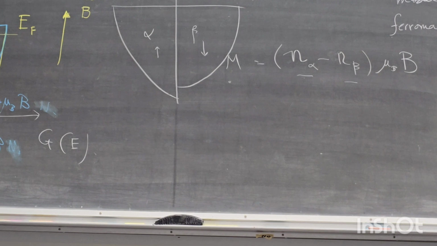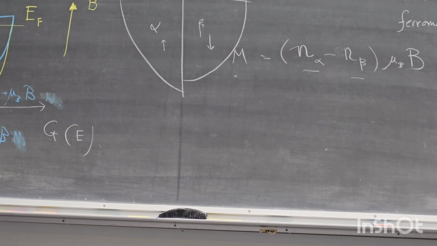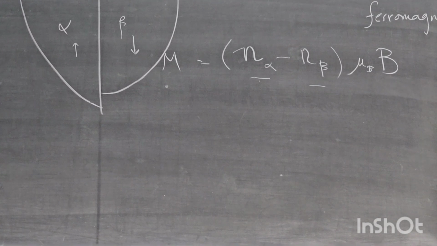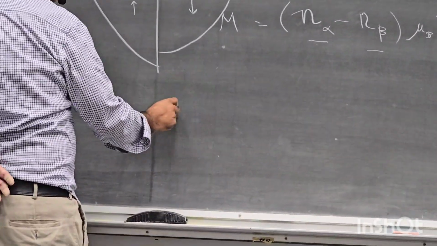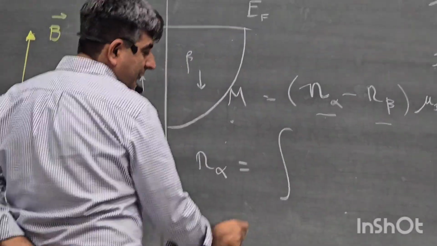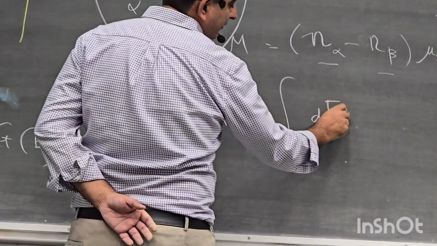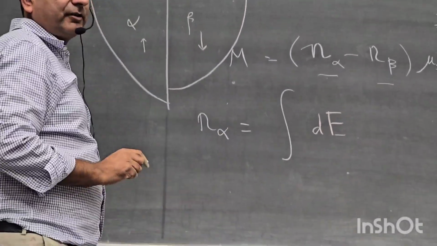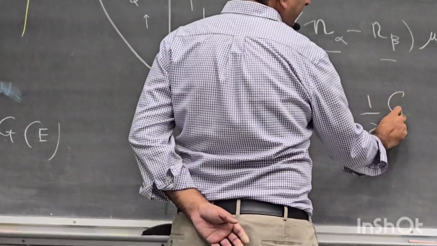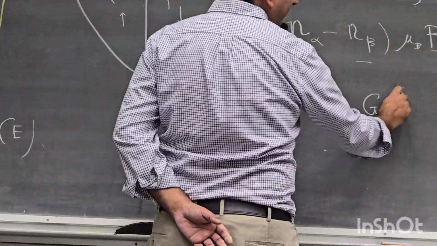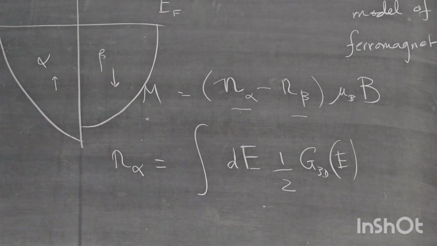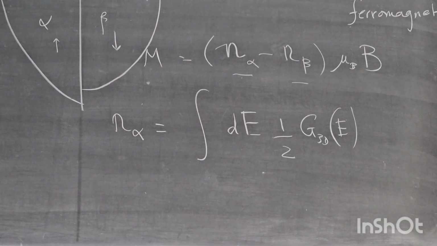You do a spin density, you do an integral over density. So n alpha, for example, is going to be the integral of dE, integral over energy. You need the density of states, which is 1/2 G(E) dE. Okay.